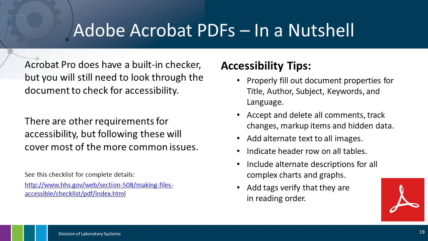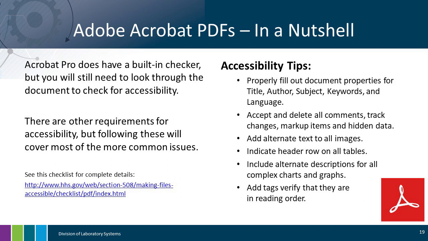Next, Acrobat. Once again, Acrobat, and especially the new version of Acrobat, is awesome. It is super helpful for making documents 508 compliant. And the neat thing about it is when you run into a 508 issue, it will automatically show you, hey, A, do you want me to fix it? And B, here's why you need to fix it. And C, here's a link to go to get more information on fixing it.